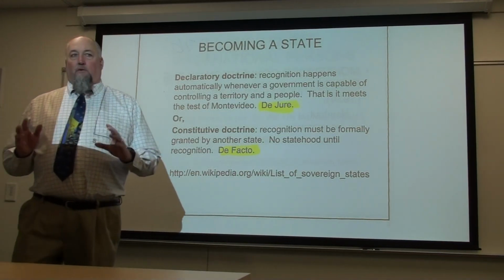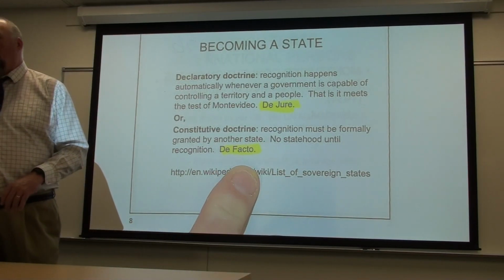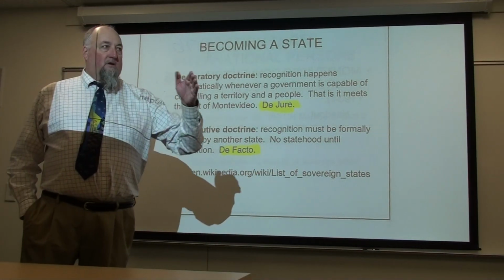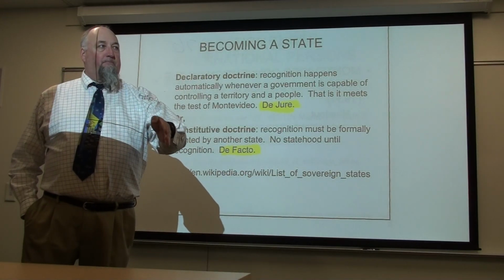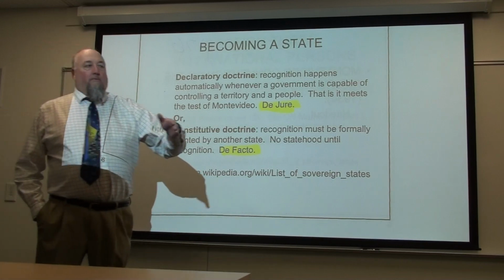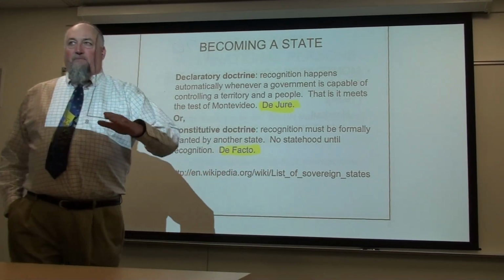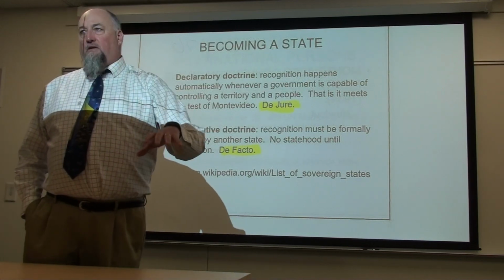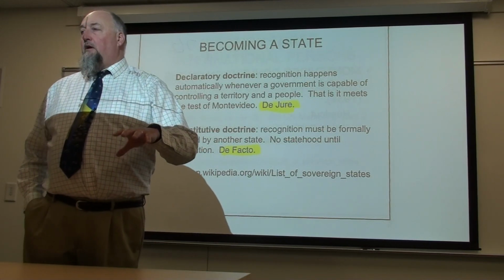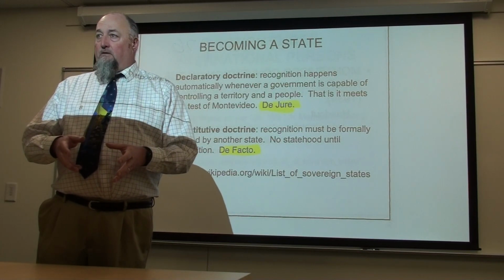But in the real world, we also have this idea of de facto. De facto means what really is happening factually. So, how do I describe this? A territory may meet the definition of the four-part test, which means as a matter of law, they are considered a state.